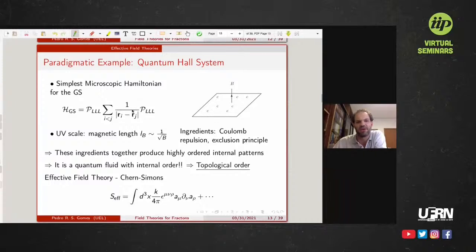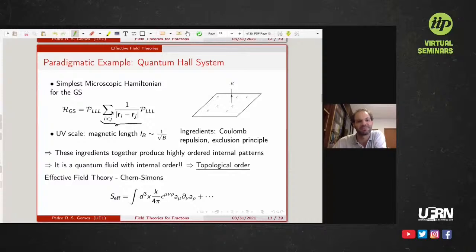And the simplest form of the Hamiltonian that captures the essence of the quantum Hall effect can be written in this way. So this is essentially the Coulomb potential projected onto the ground state, the lowest Landau level. So these operators, P, L, L, L, triple L, are projectors onto the ground state, right? So this is what makes this Hamiltonian a quantum one. In this case, the UV scale is the magnetic length, right, which is dictated by the magnetic field. And the key point is that this Hamiltonian is non-perturbative.